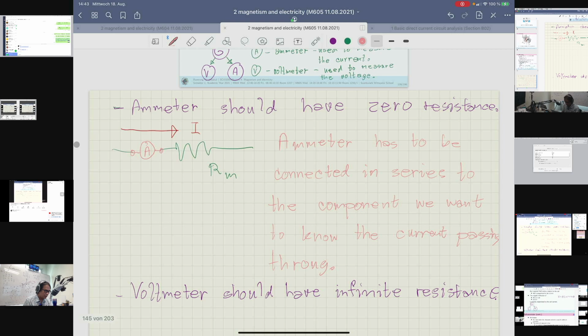Small r represents the internal resistance of the ammeter. Sorry, I said galvanometer, actually it should be ammeter.